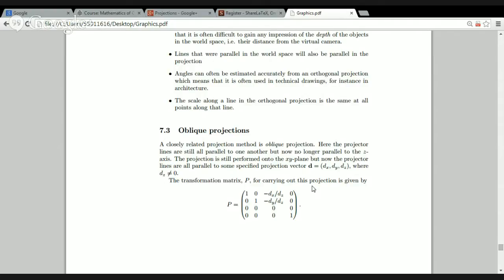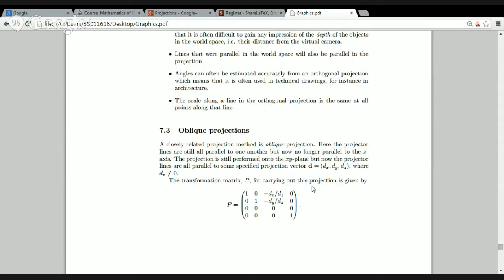So we're seeing, let's say this is the x-axis and the z-axis. So the y-axis is perpendicular to the plane and coming out at you. So here's the z equals 0 xy plane represented as this line here.